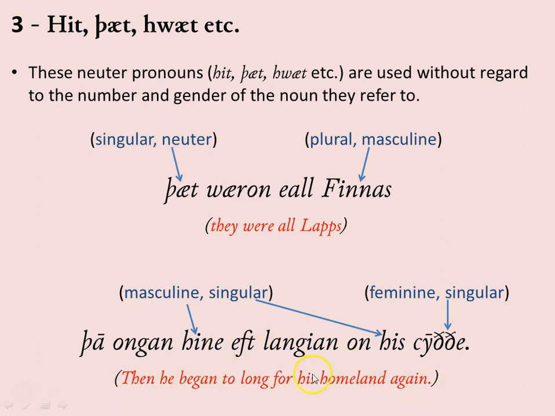Eft is again. Notice how it's structured there: then began he again to long for his homeland. Notice feminine singular for cyþþe, homeland, and here hine and his are masculine singular. So they don't agree here, and with these neuter pronouns, that's not necessary.